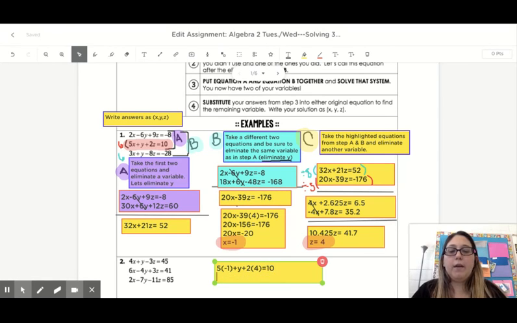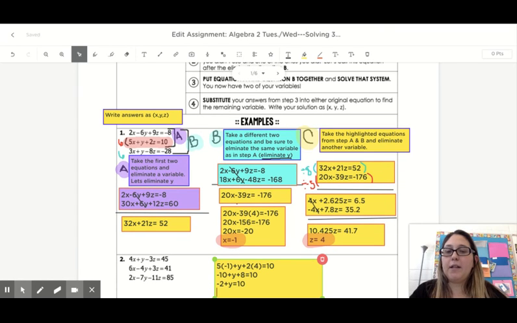And so I get negative 10 plus y plus 8 equals 10. And so over here, I can combine like terms. I have a positive 8 and a negative 10. That gives me a negative 2 plus y equals 10.